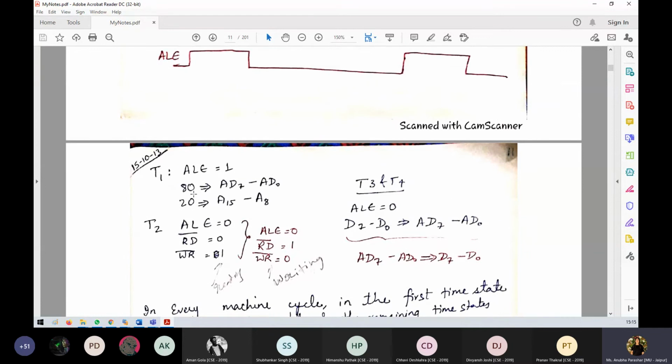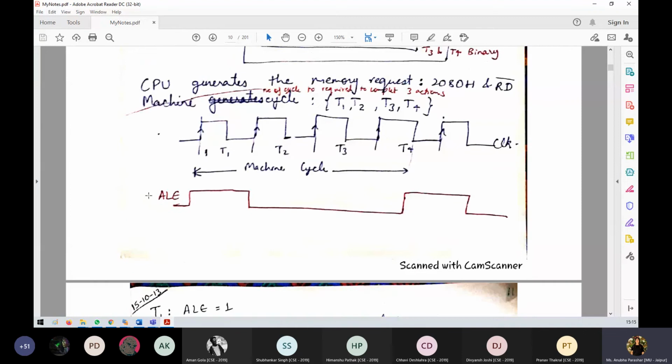Once it reaches the memory space, ALE will be enabled or maybe you can say disabled, and the RD operation is 0, and then we can write onto the memory. That is how read and write operations will be enabled or disabled by the machine cycle.